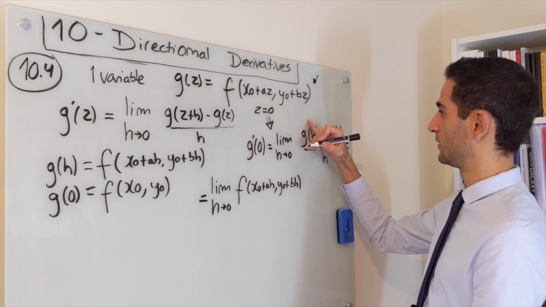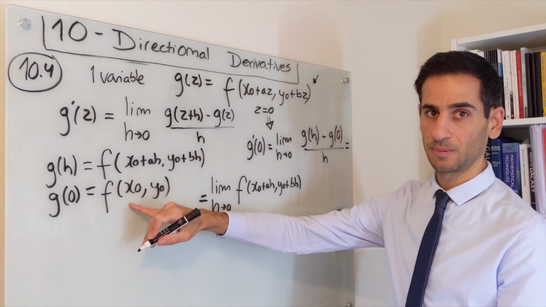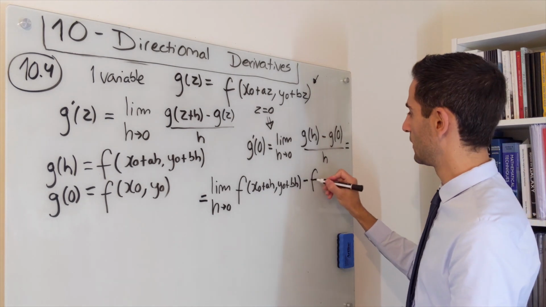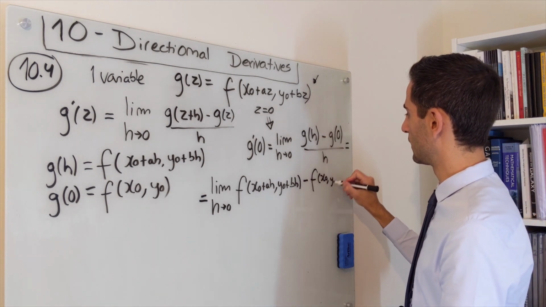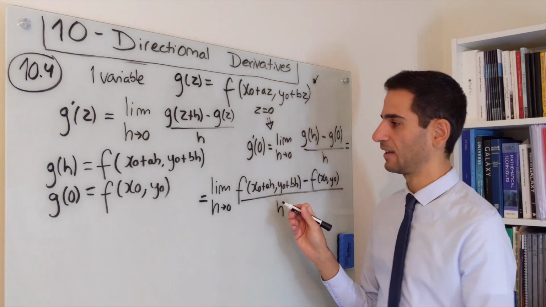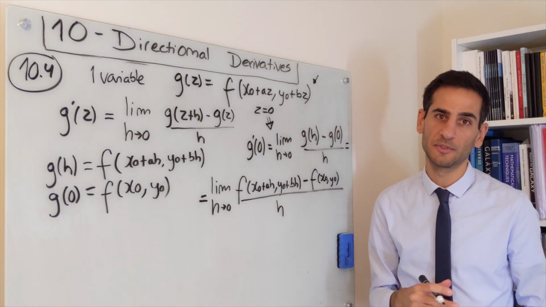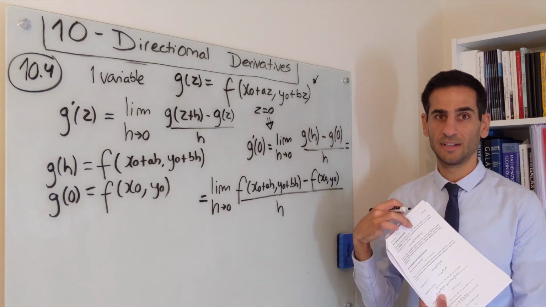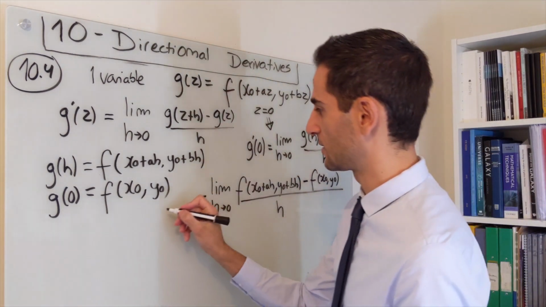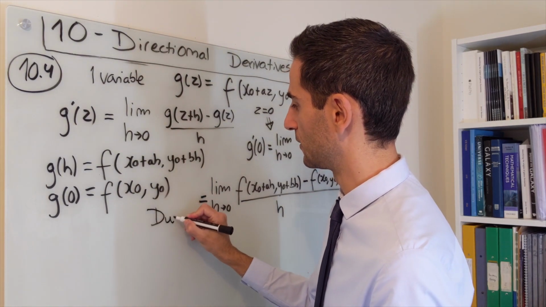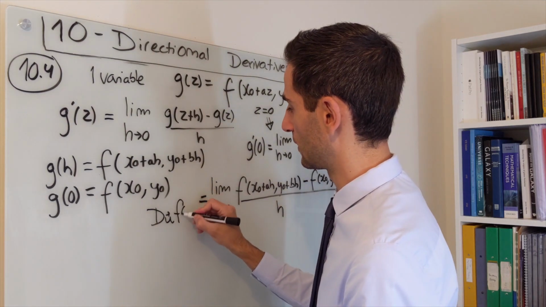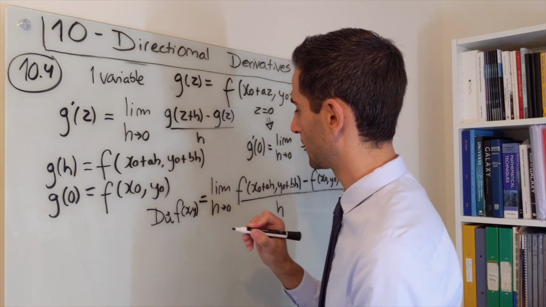We plugged this in here, and now we plug g of 0 into this term. It becomes minus f of x0, y0, and divided by h. If you've watched the previous video, or looked at the previous section, you will see that this is exactly the definition of the derivative along a direction given by the unit vector u of f of x, y.